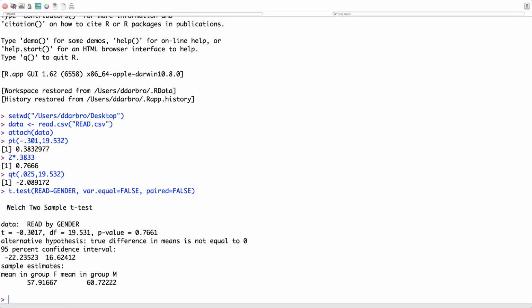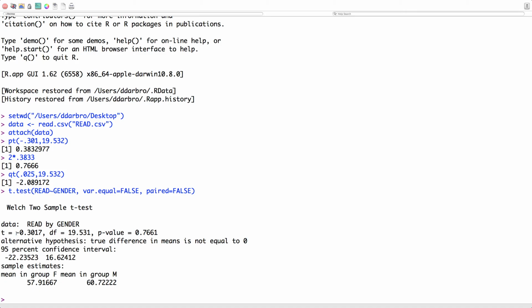And guys, when you get this, you're going to see a lot of numbers. Now let me explain the difference. They've made an arbitrary choice that they're going to look at the difference from female to male. So their t-value is negative because their sample mean difference was negative.